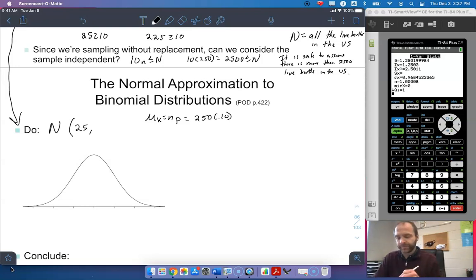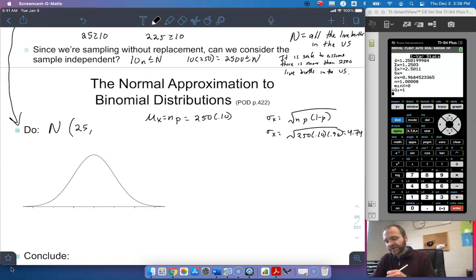Well, what's my spread? My spread is going to be the square root of n times p times 1 minus p. So my spread is going to be the square root of 250 times 0.10 times 0.90. In that case, I get 4.74. So I have a standard deviation of 4.74.